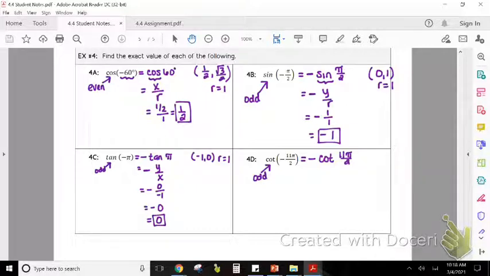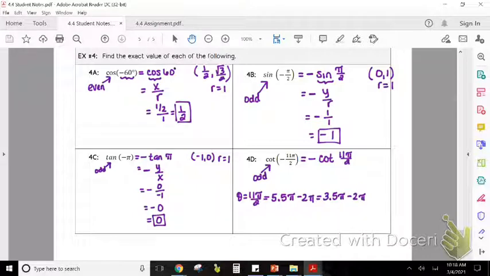Now, for that angle, we said it's 11 pi over 2, and so I'm going to change that into a decimal. 11 divided by 2 is 5.5 pi then. That's too big. Remember, I need it to be between 0 and 2 pi. So I'm going to subtract out a full circle. So 5.5 minus 2 is 3.5, and I still have my pi. Still too big.